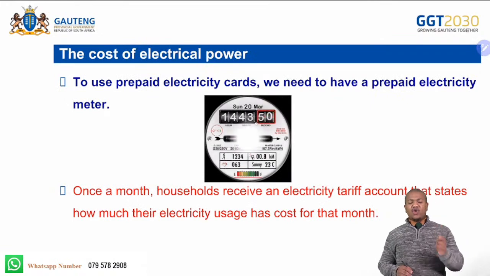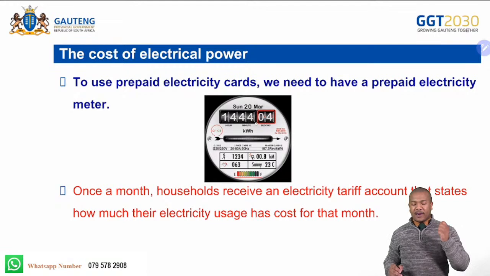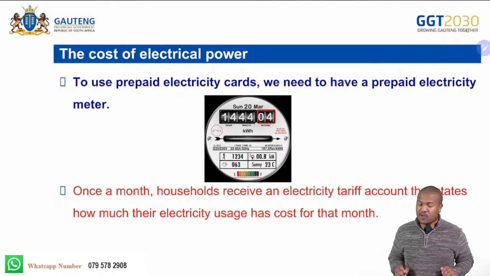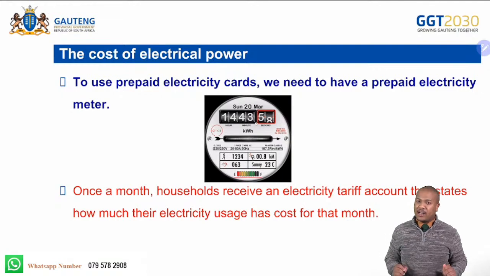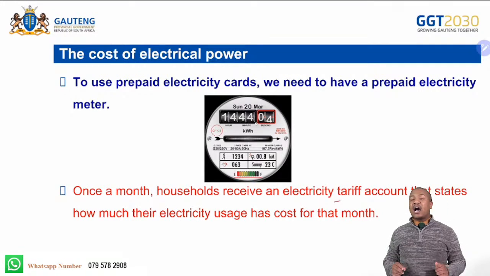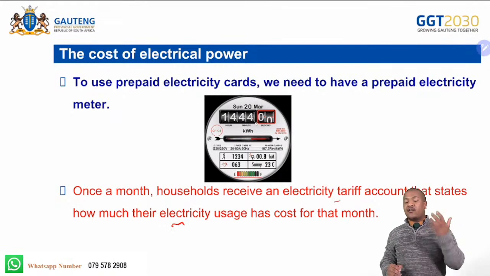So we said that to use prepaid electricity cards, we need to have a prepaid electricity meter, so that it keeps on reading the amount of electrical power that you have used, so that you are charged correctly. Once a month, households receive an electricity tariff account that states how much their electricity usage has cost for that month.